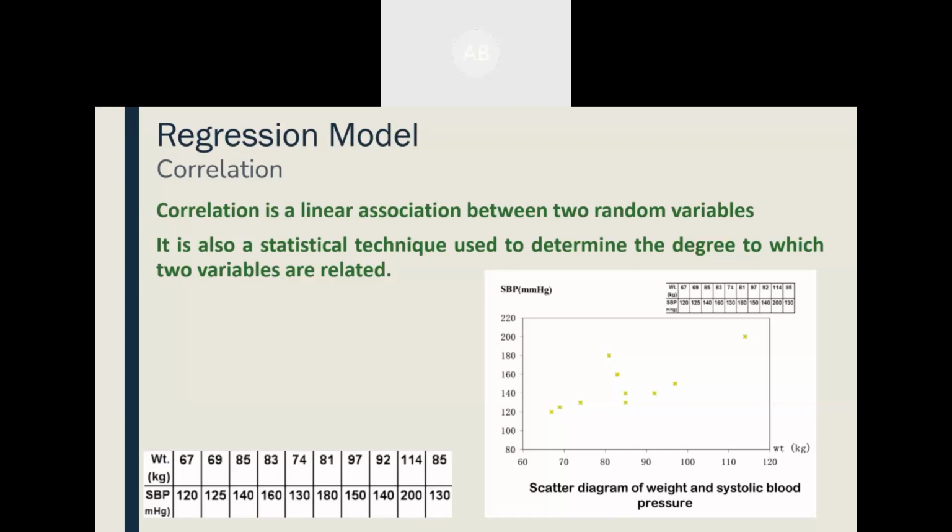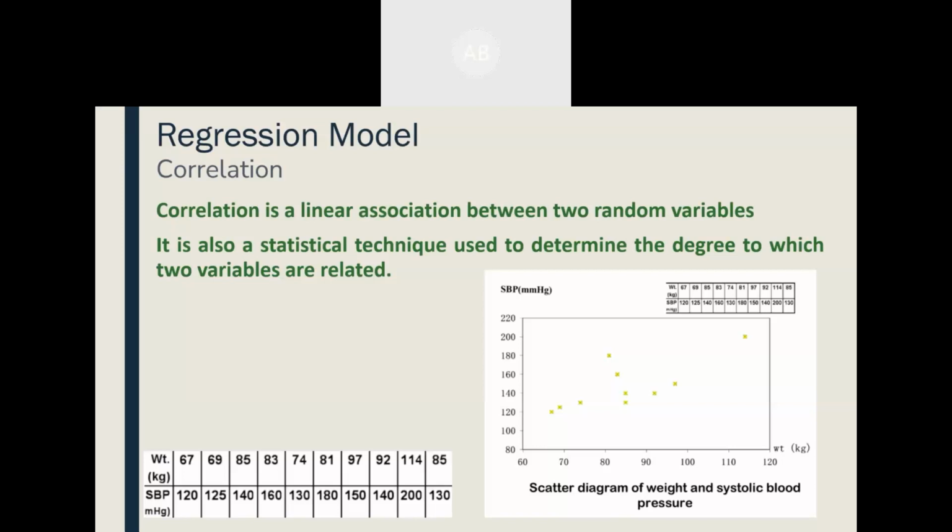If a relationship exists between weight and blood pressure, it will be reflected when you find the correlation. In order to do it, you will have to plot these two variables, as you see here, one on the x-axis and another on the y-axis. So how many samples are there? 1, 2, 3, 4, 5, 6, 7, 8, 9, 10 samples are there.